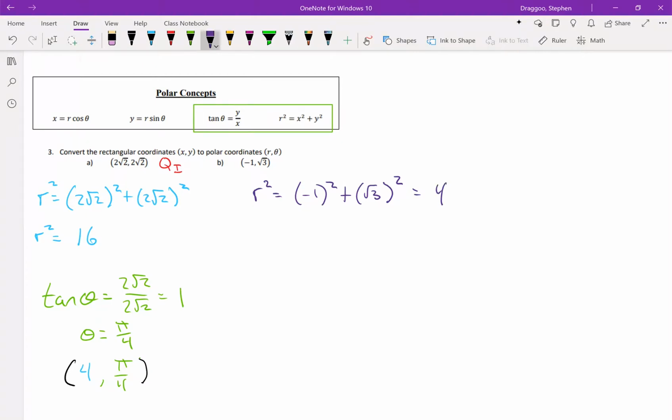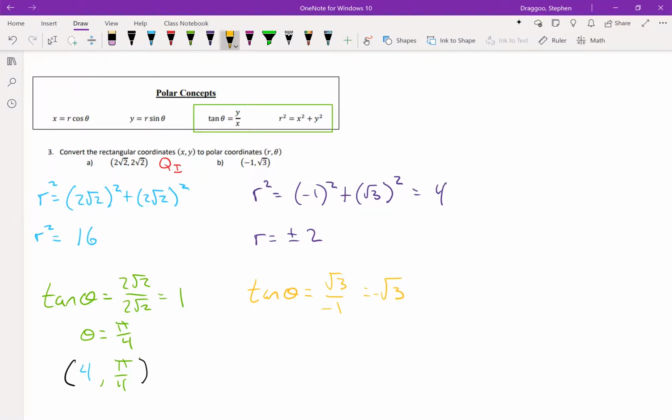So again, we'll end up with r could be either positive or negative 2. We'll do that same thing where we say that tan theta should be equal to y over x. So root 3 over negative 1, or just negative square root 3.